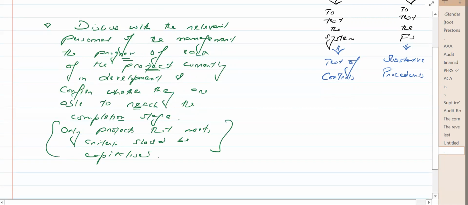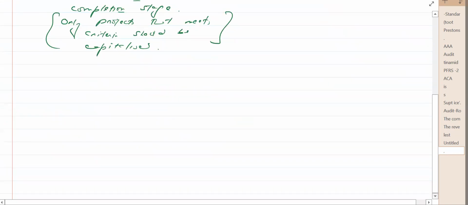But if you have written this thing, then it gives the complete meaning, because why you are asking, because you need to know the development stage, because if they cannot be completed, the project is not viable, then they cannot capitalize it. So the last line is optional. But if you write till here, then it's fine. Okay.